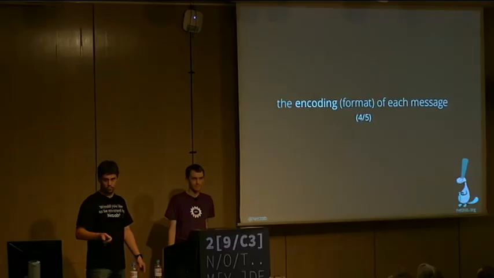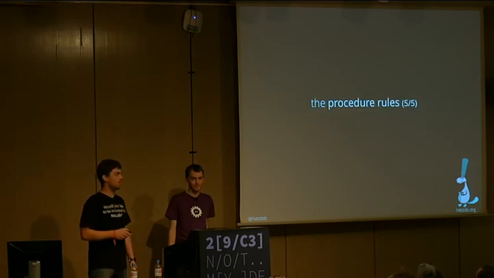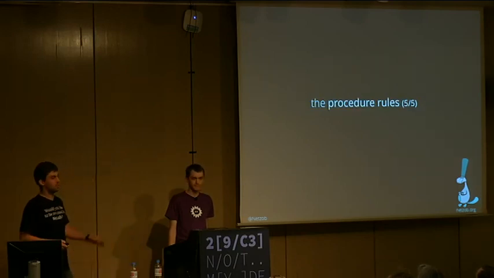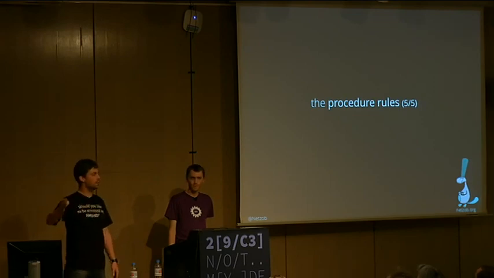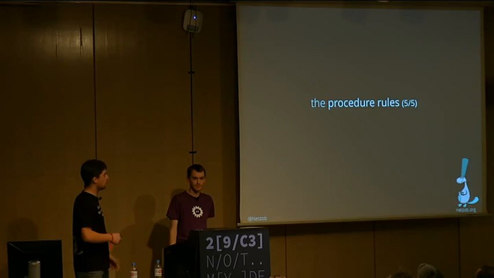You put in your model some messages, the vocabulary of your protocol, so the list of messages, the encoding form and the format of all these messages. You add the grammar of your protocol. The procedure rules is the academic term for the sequence of valid messages. And you have a model.